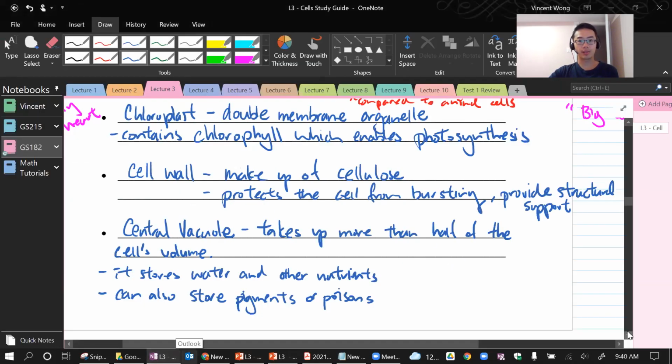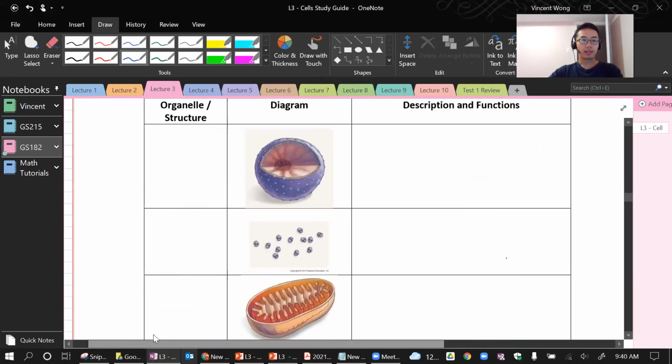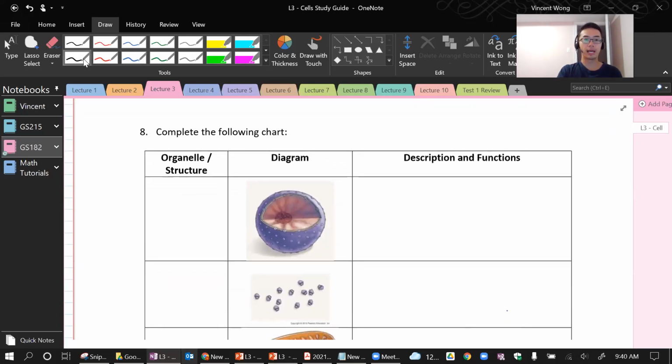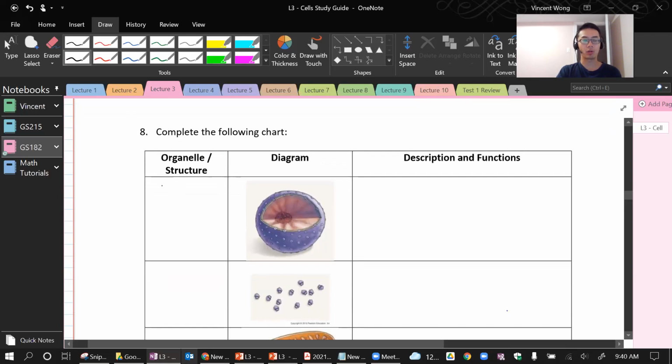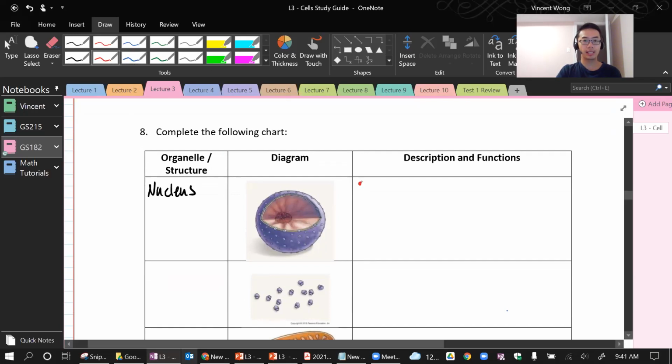Let's continue with this thing. So these are extra organelles, and they are not part of the endomembrane system anymore. Here you can see this is a nucleus. So what is the description of the nucleus? Well, the nucleus is found in the eukaryotic cells, and it's covered by the nuclear envelope.